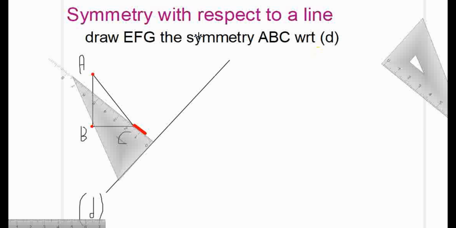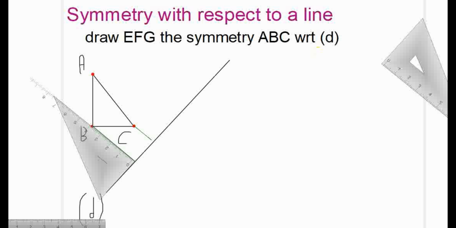So what we should do is bring our set square and draw a perpendicular from each point. Let's draw a perpendicular from C to this line. This is our first point to the line. We will complete it down to the line D, and let's also draw a perpendicular from B to the line D. We should draw a perpendicular from each of these 3 points.